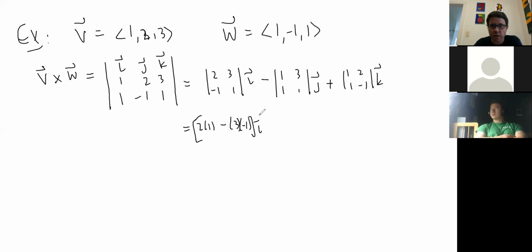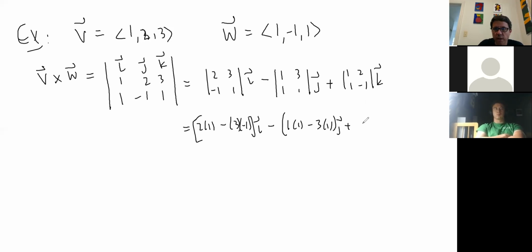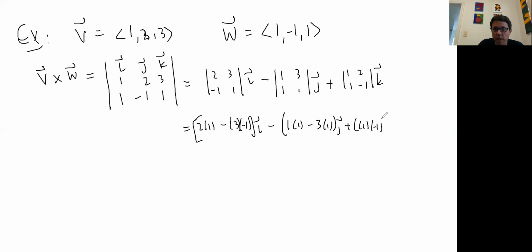And that'll be in the i direction. Now subtract off 1 times 1 minus 3 times 1 in the j direction, so it's these two and these two. And then here is 1 times minus 1 minus 2 times 1, so products in the k direction.